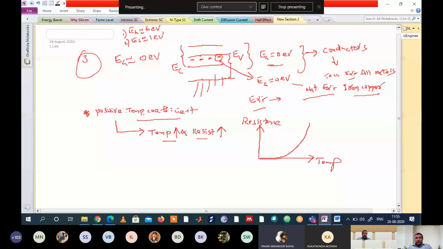Now let us go deeper and study what semiconductors are. You have told me two best examples of semiconductors are silicon and germanium, isn't it? Out of silicon and germanium, which one is best used in electronics?